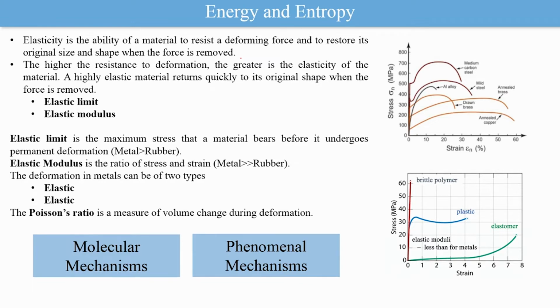Now, before going to even tissues, we will consider the properties of metals and polymers such as rubber, in order to actually understand how these are similar to tissues, and why we can use these polymers or other materials as analogous to tissues. So, rather than explaining everything based on tissues, we can go for materials that are very similar to tissues, such as rubber, in order to characterize the tissues, okay.